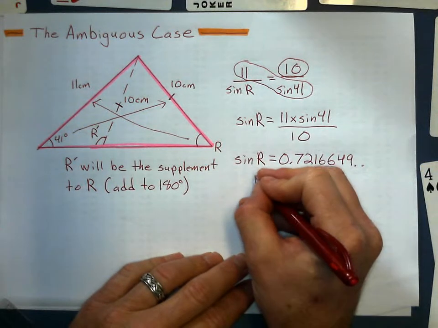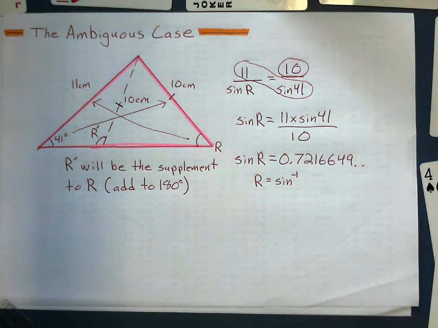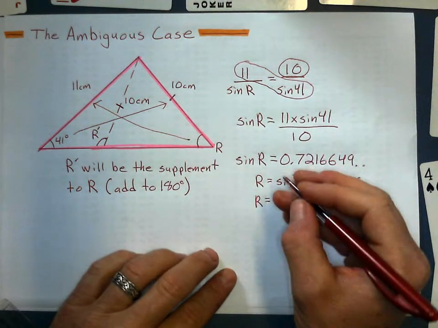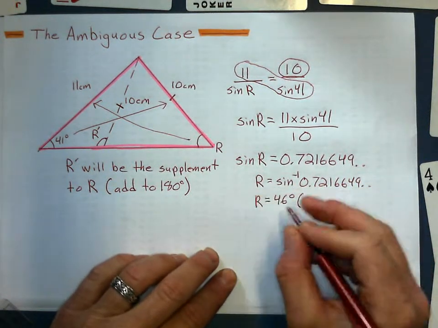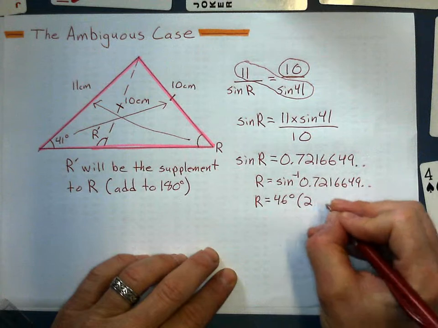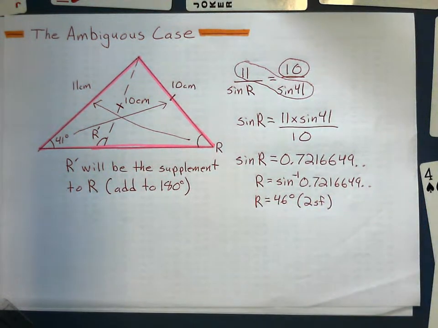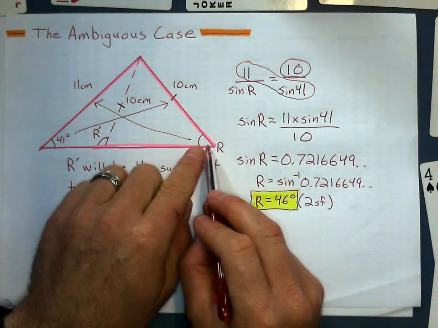I'm not rounding. And finally, I do the inverse sine of this value here. And I'll get 46 degrees, another 40-something degree angle. Let's just say that all of these have been 40-something to two significant figures. Okay, well, isn't that great? Okay, so that means that angle right there would be 46 degrees.